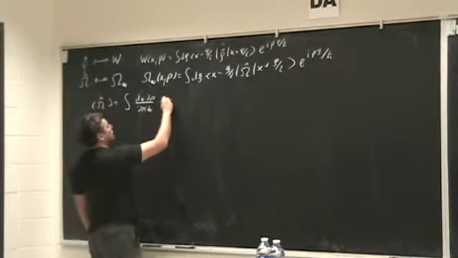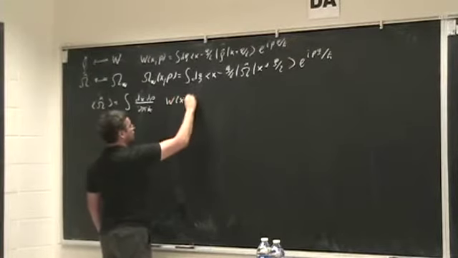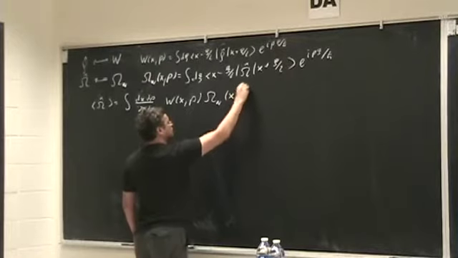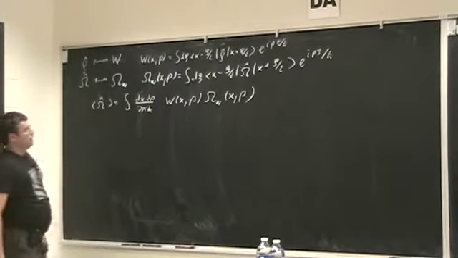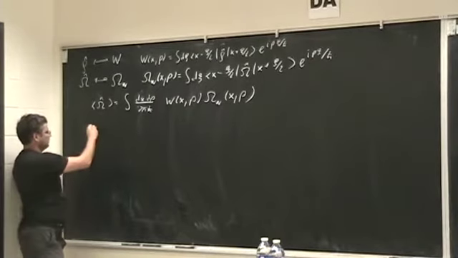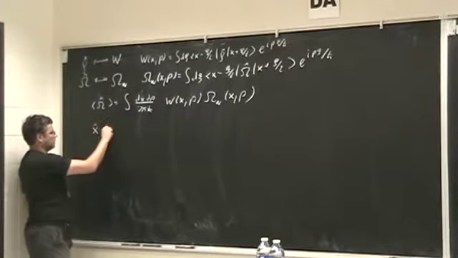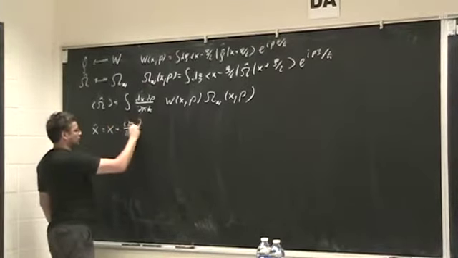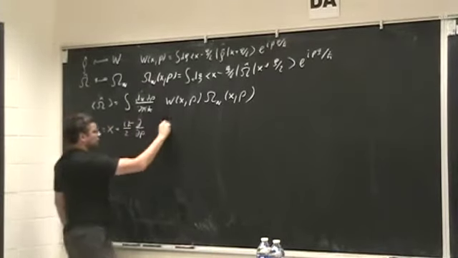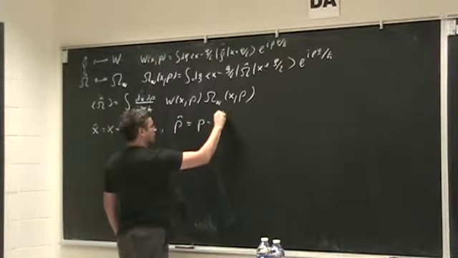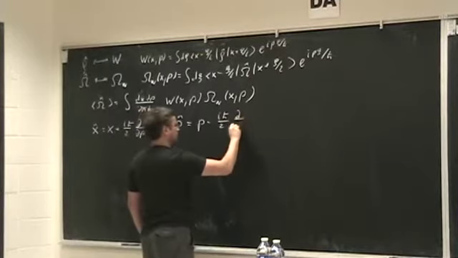It's an integral over the Wigner function times the Weyl symbol. We also discussed that there is a natural representation, which is called the Bopp representation, where x goes to x plus i h-bar over 2 d by dp, and p goes to p minus i h-bar over 2 d by dx.